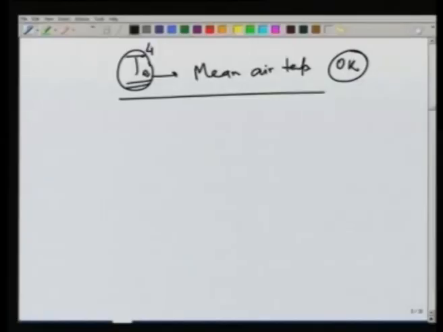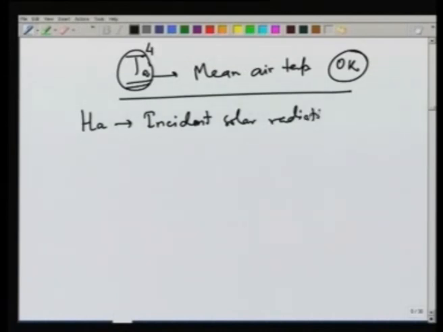The other terms which are used in the equation, one of the most important terms is the incident solar radiation, because this governs how much energy is available for evaporation at that location.